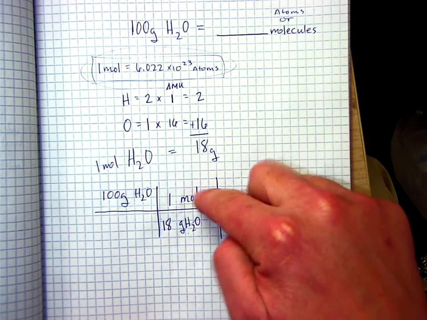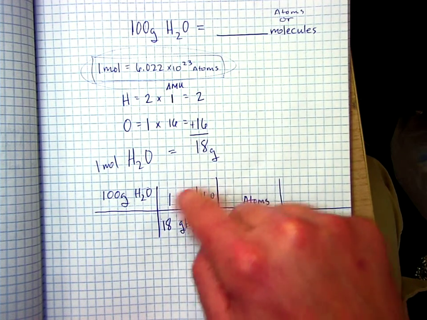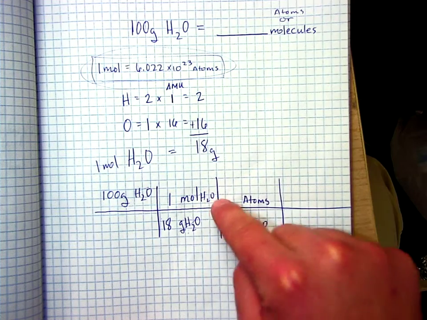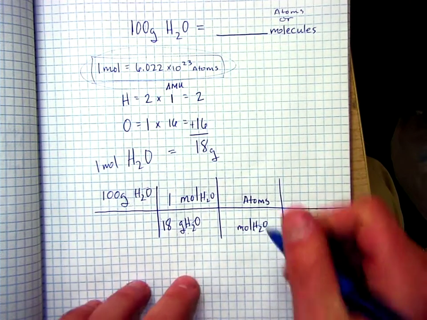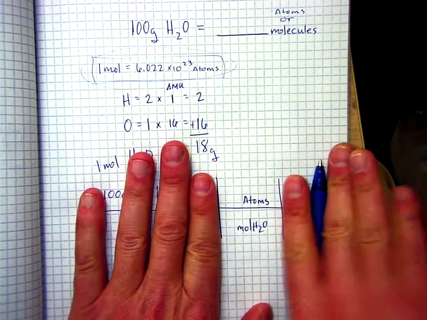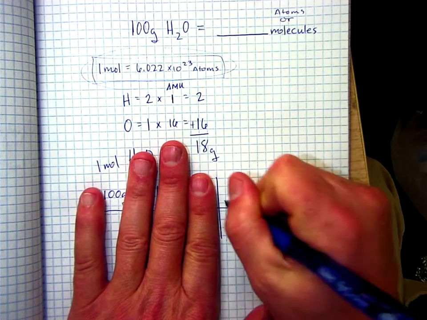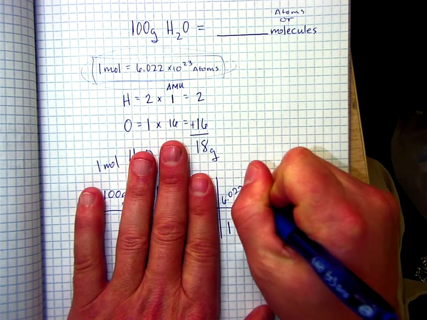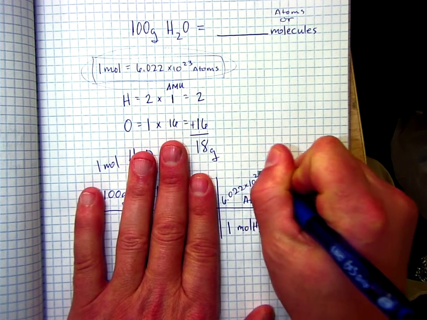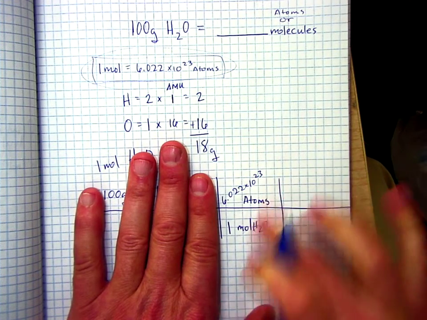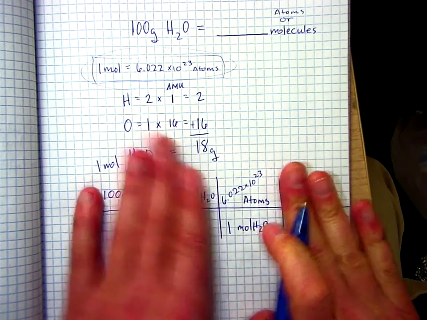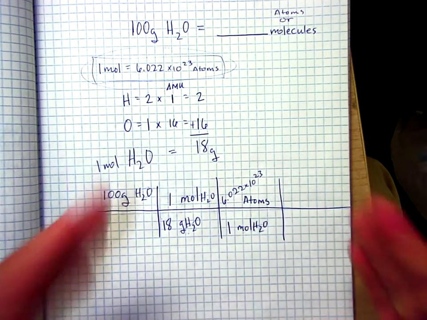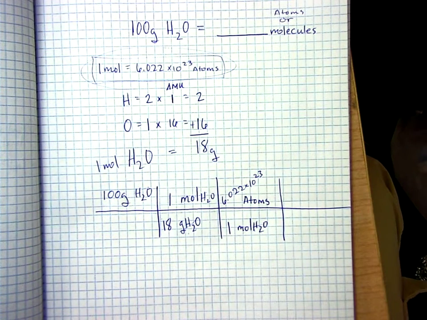But the relationship between moles and grams will always be 1 to 18 when I'm talking about water. Now, I've also established that 1 mole has 6.022 times 10 to the 23rd atoms. That part's true. All right, that's how this dimensional analysis works.